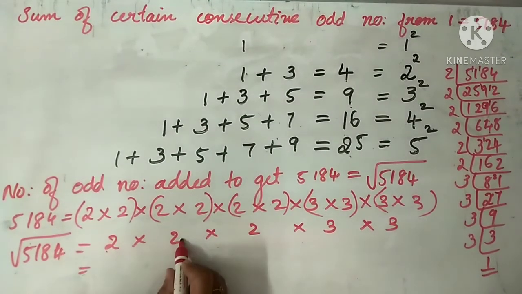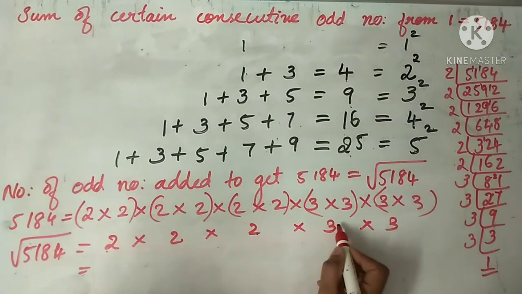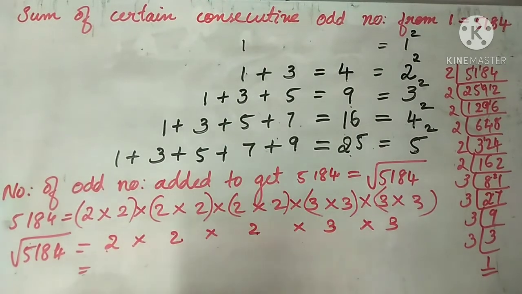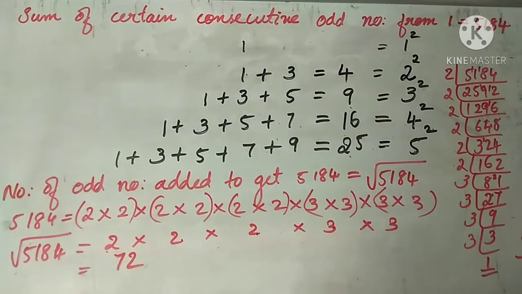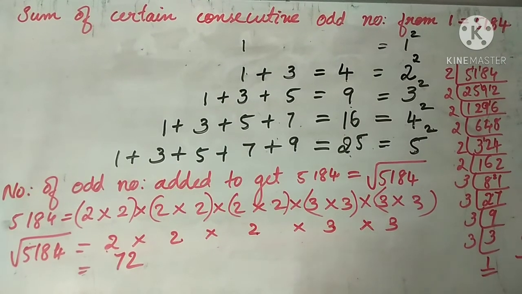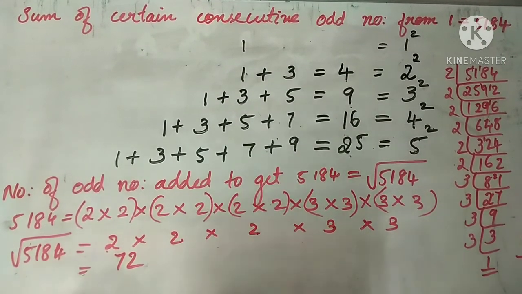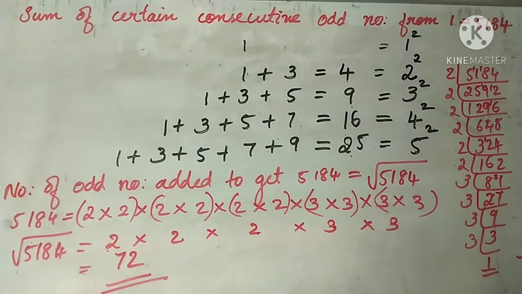The answer is 2 2s are 4, 4 2s are 8, 8 3s are 24, 24 into 3 is equal to 72. So, the number of odd numbers added to get 5184 is 72. We can say 72 odd numbers we add like this to get 5184.